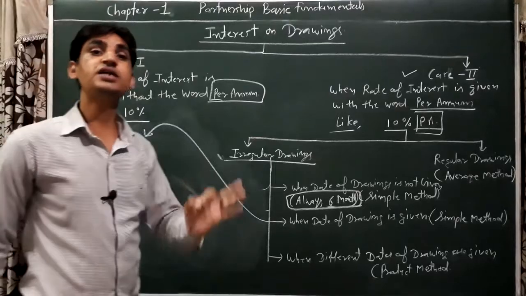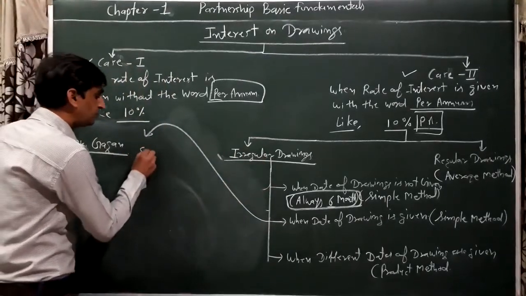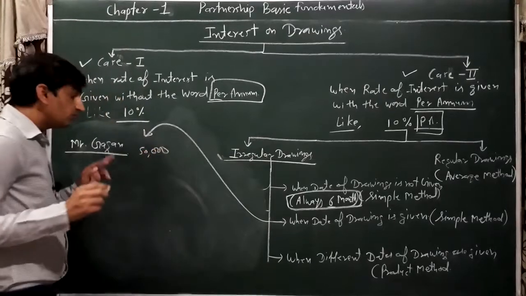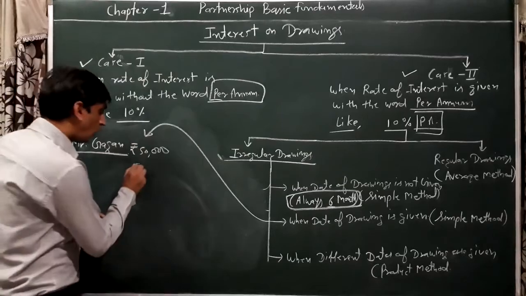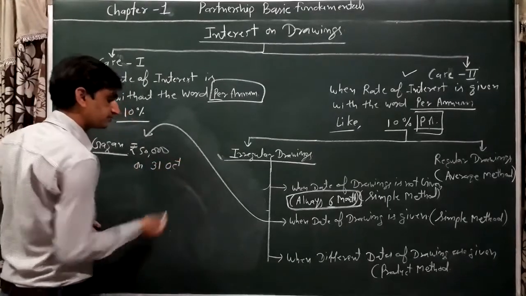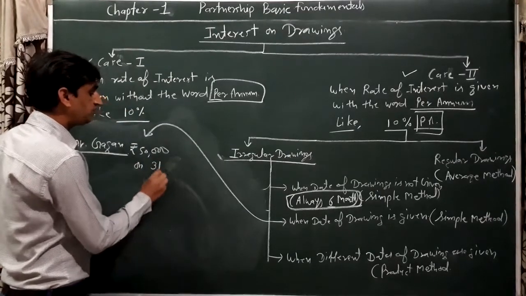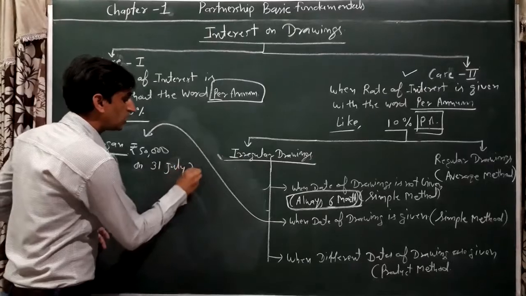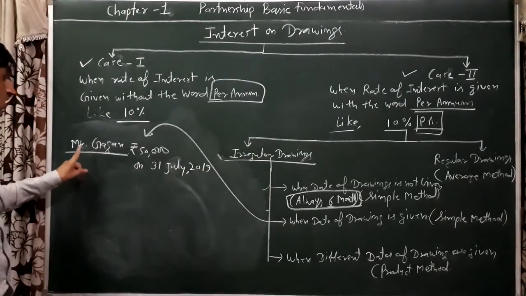He withdrew rupees 50,000 on 31st July 2019. Understand the example.